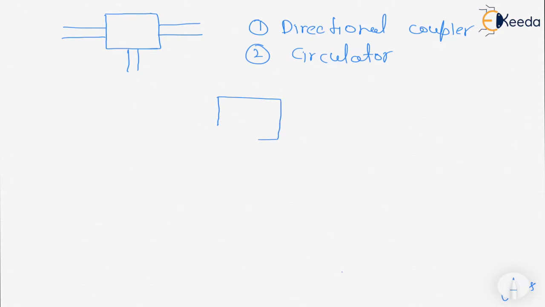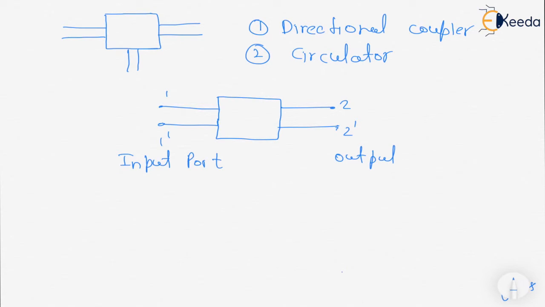If we are drawing two-port network here, then this is one port, 1 dash, and this is another port, 2, 2 dash. So port 1 will be considered as input port often and port 2 is considered as output port often.